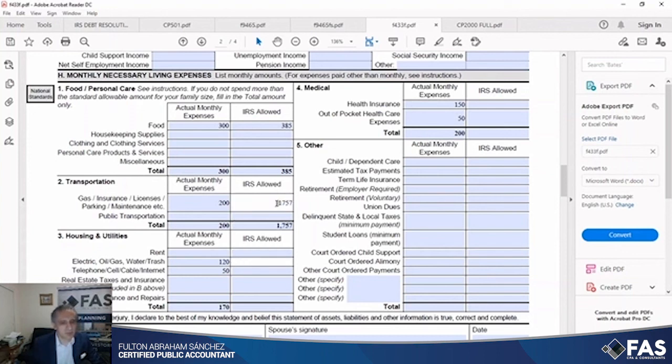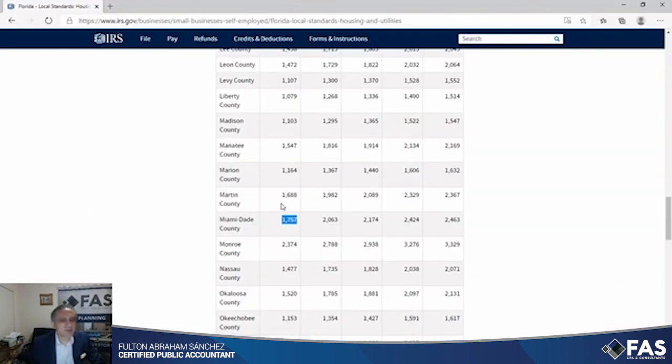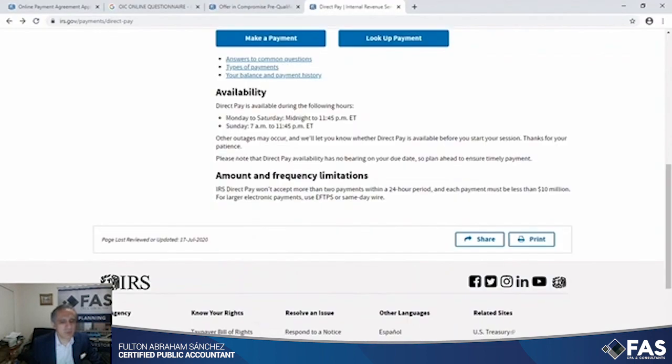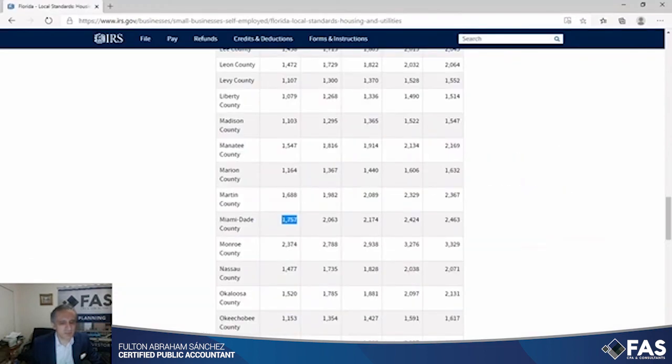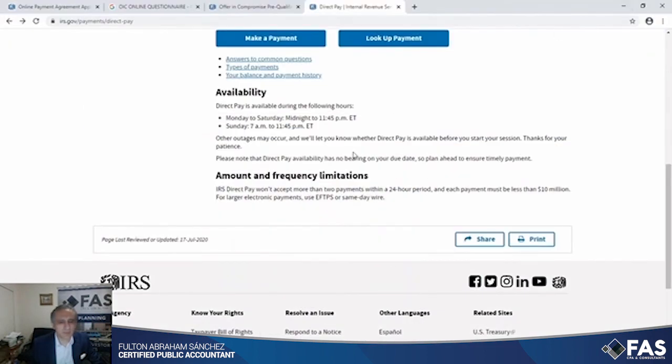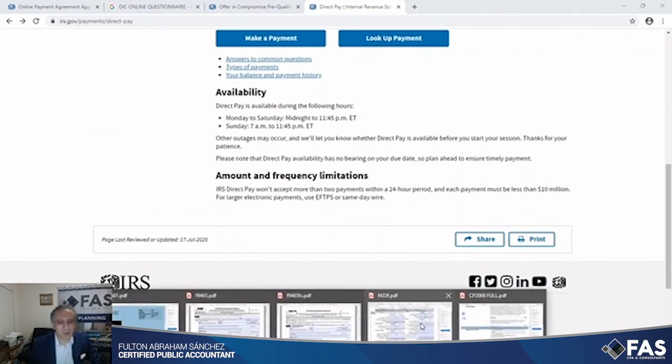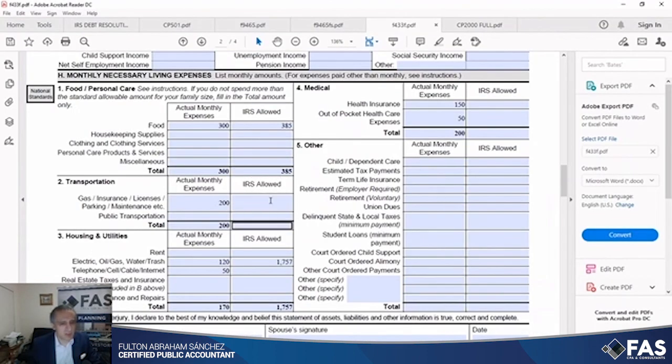No, I'm sorry, no, this is not the case. This is utilities. 1,757. This is the total amount for utilities.